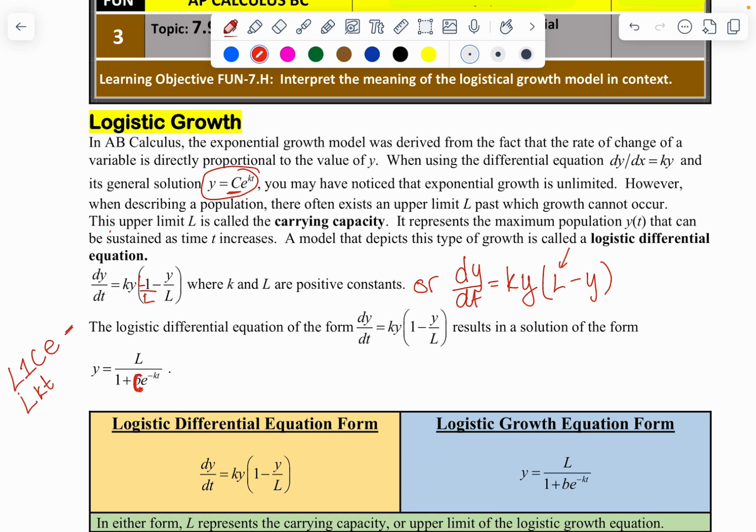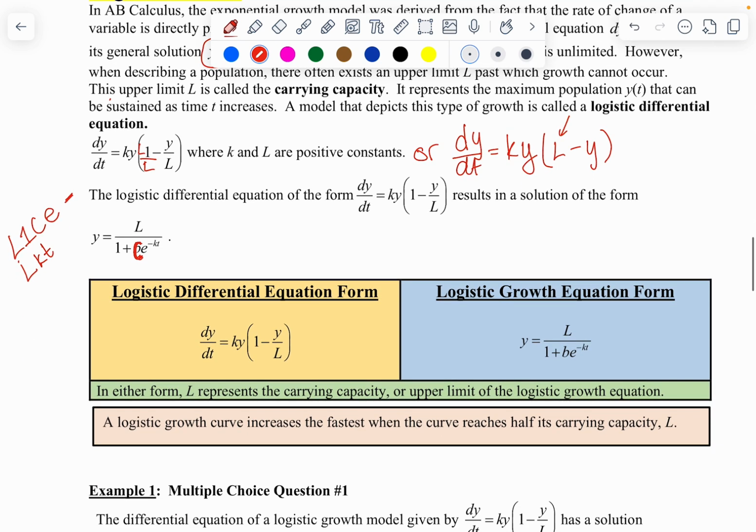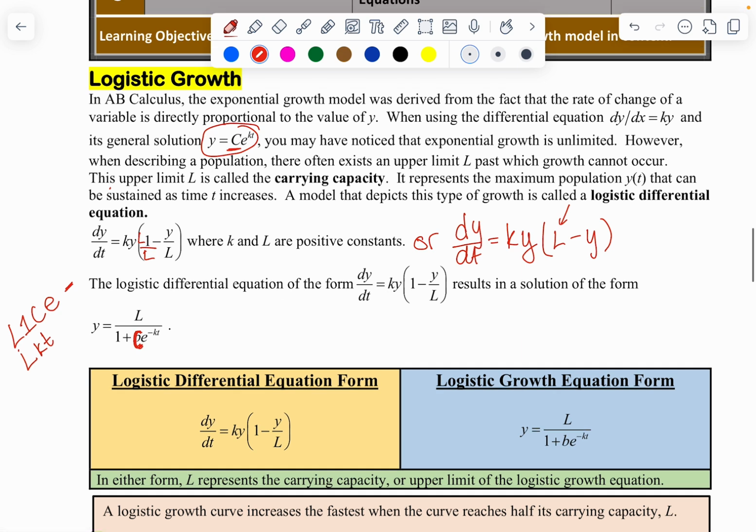So it is going to be LICE minus ICT. And I am going to put the L right over there.